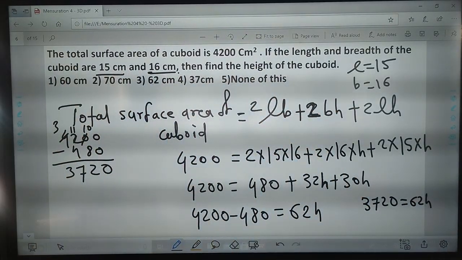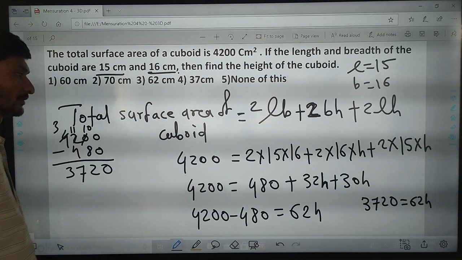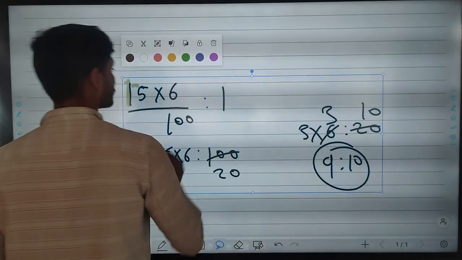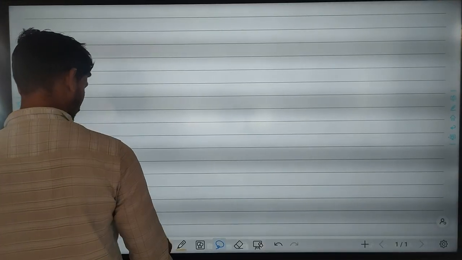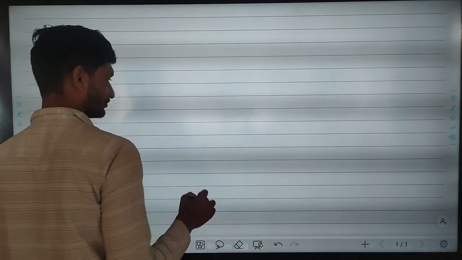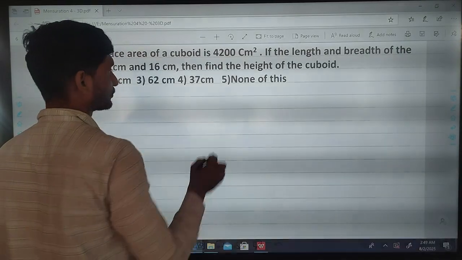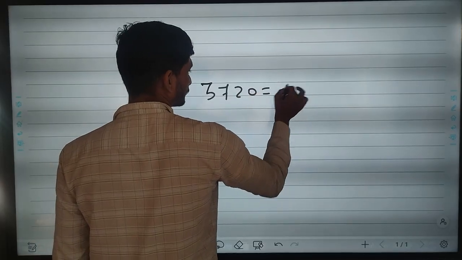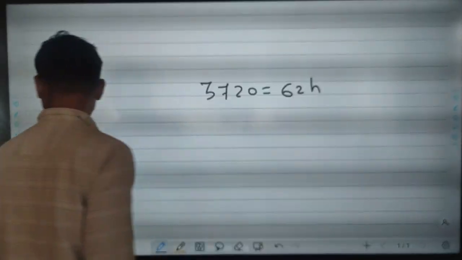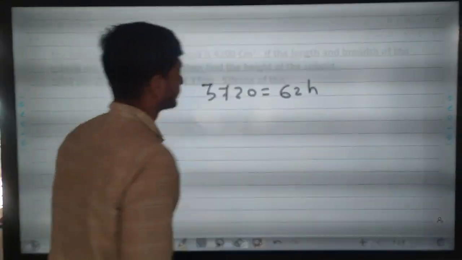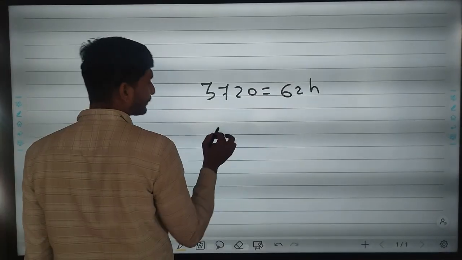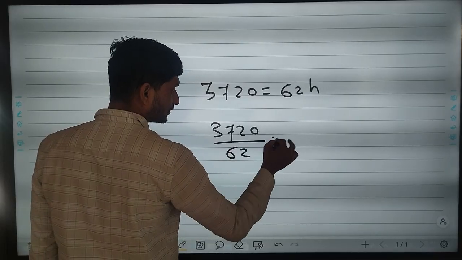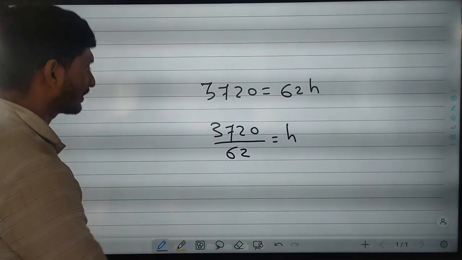Now here we find the value of height. 62H is equal to 3720. Now here 62 is a multiple, so we divide by solving this.